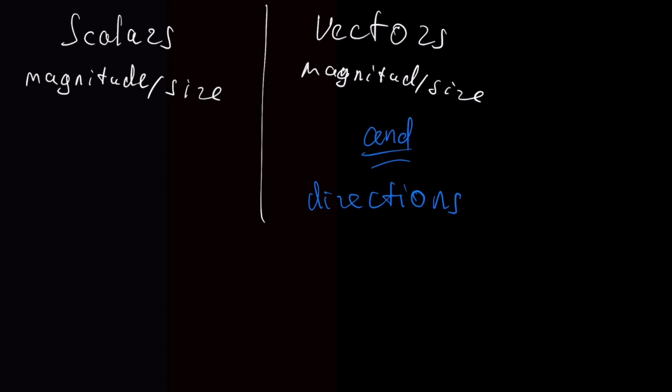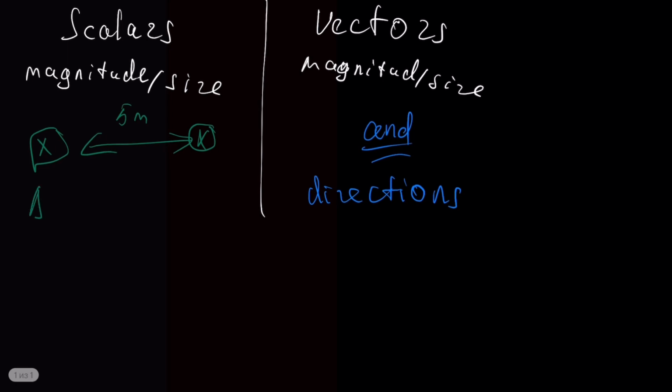Okay, let me just start by myself. Let me give you an example. We'll have a box, let's say it's called X, and we'll have another box. We'll call that X as well. So the distance between them is 5 meters, and we would call it, let's say, 5 meters.